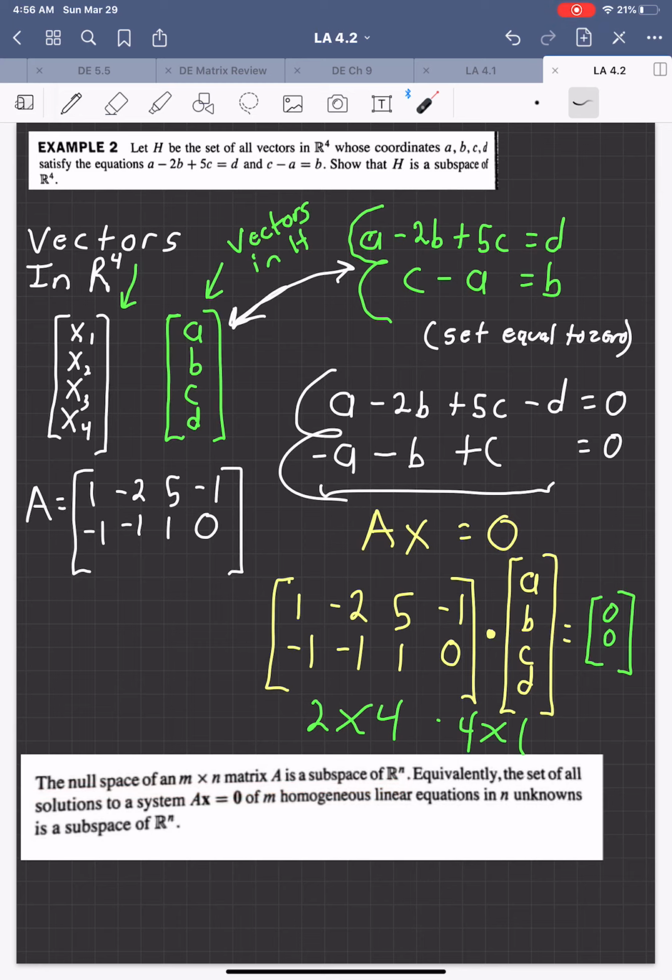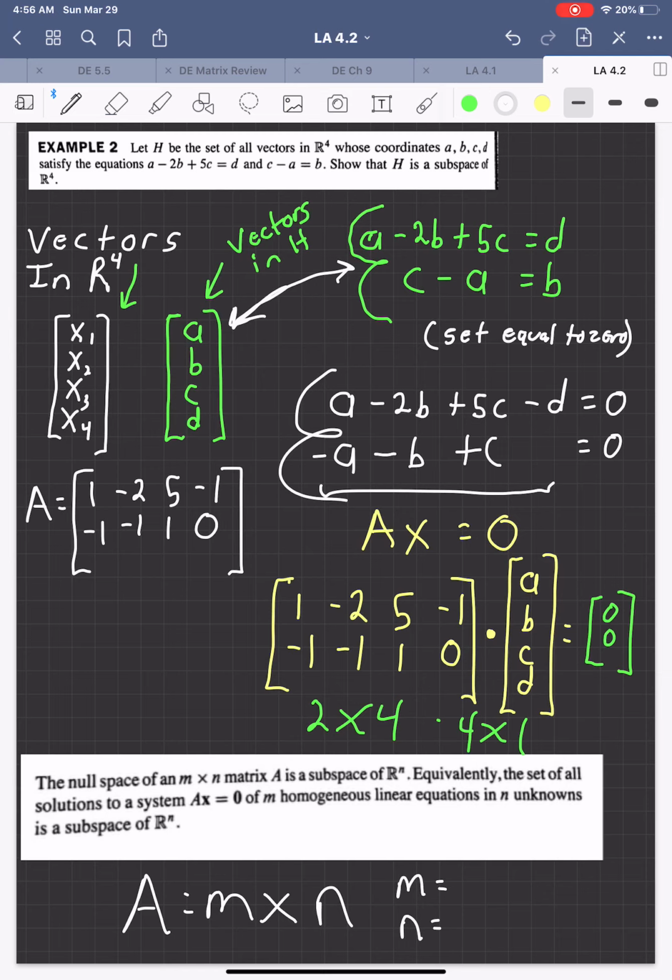So we wanted to show that H is a subspace of R4. Okay? So let's identify, in this case, I want you to look at A, matrix A, which is an M by N. I want you to tell me what is M and what is N.